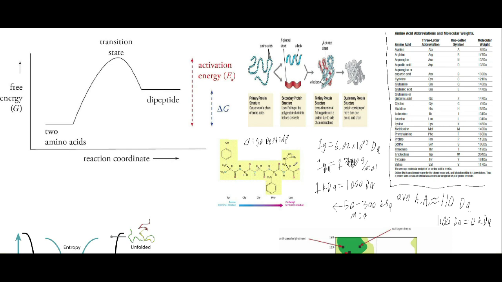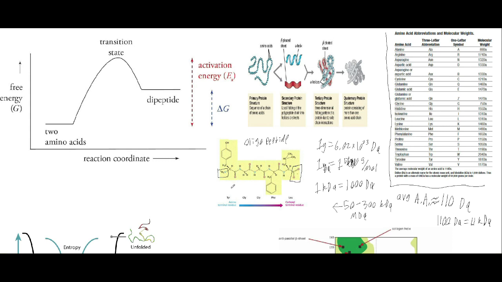But you could keep adding amino acids onto this to turn it into a polypeptide. Here we have tyrosine, glycine, phenylalanine, leucine. What we want to see is that on this end we terminate at this primary amine, and at this end we terminate at this carboxylic acid.